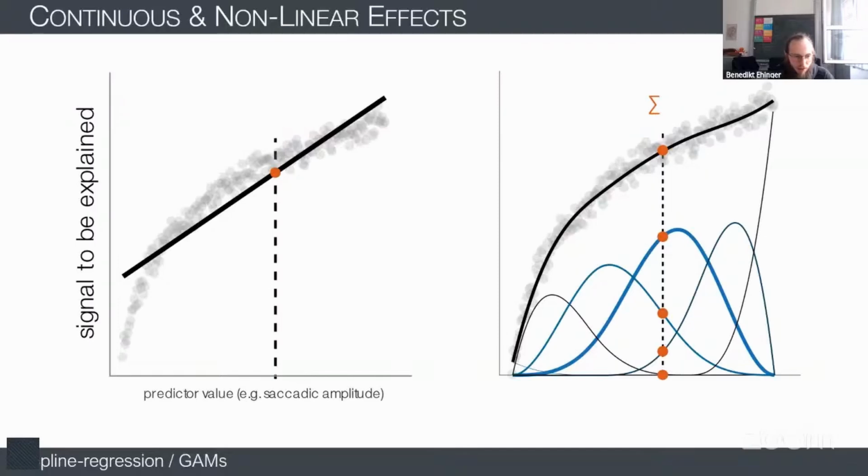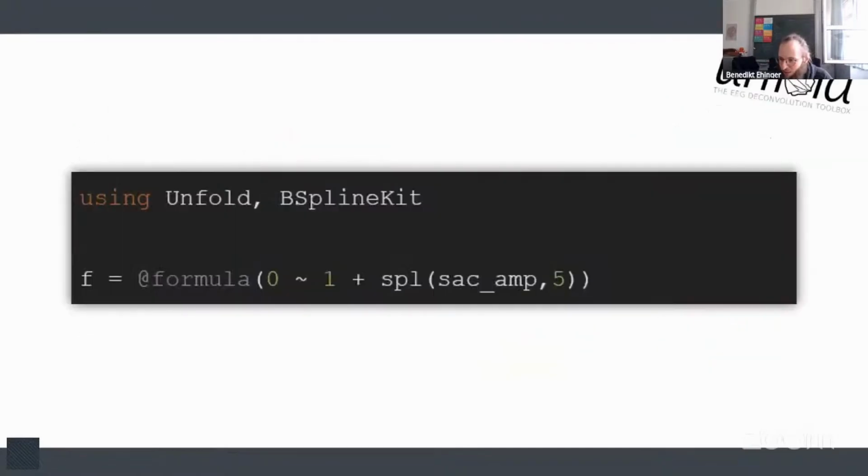The question is whether I'm aware of any other nonlinear effects that Unfold helped to uncover so far. For sure. René wrote a nice paper on modeling duration effects as well. So you can imagine duration, reaction times. There are many things in the brain that have a variable duration.